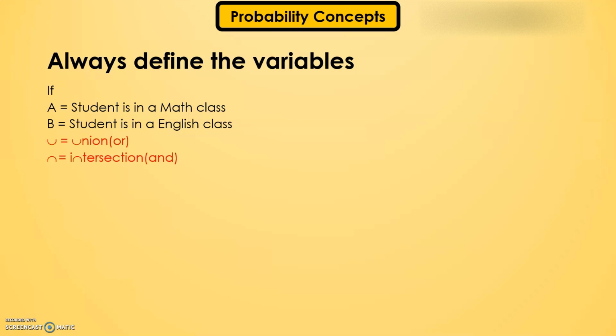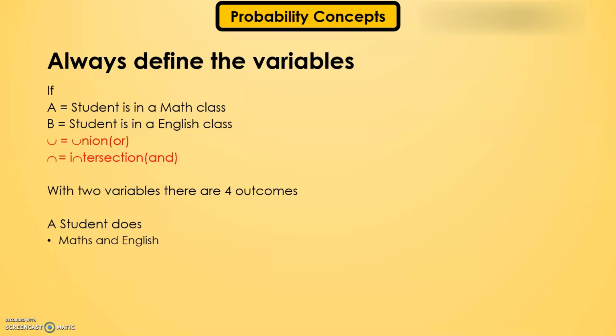And we've talked about union and intersection. So if I have a student and I apply those variables, there are four possible outcomes. So either a student does maths and English, either they do maths not English, not maths but English, or they do neither.